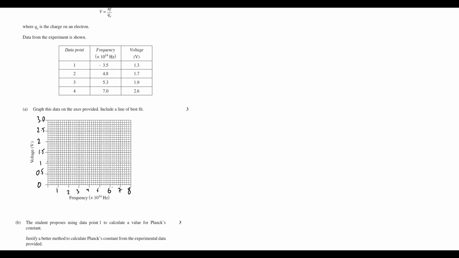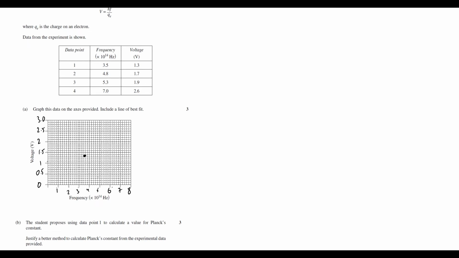When we have a frequency of 3.5, we have a voltage of 1.3. So 3.5 would be right here, and that would lead us to something right around there. Continuing on, when we have 4.8 as our frequency, we have a voltage of 1.7.